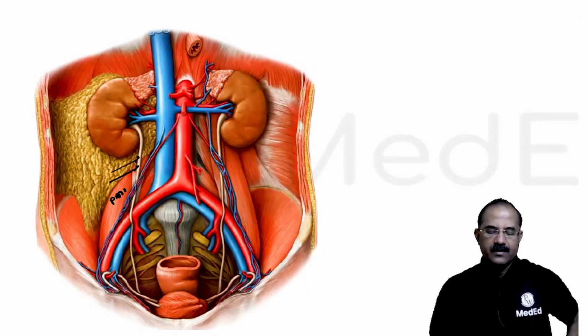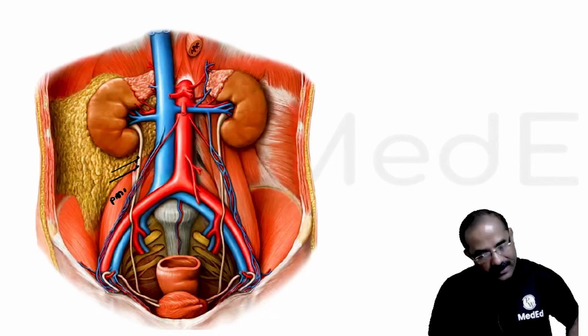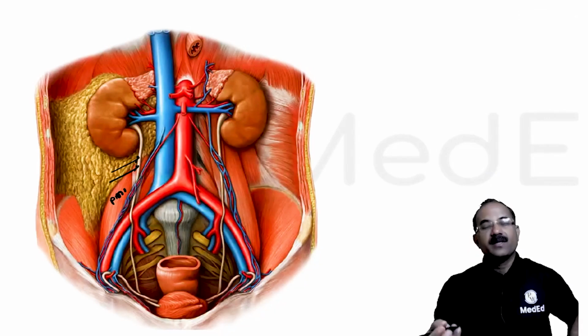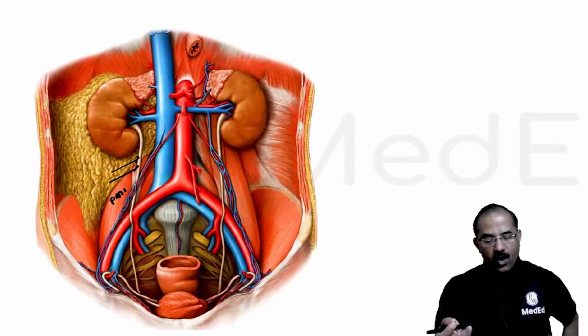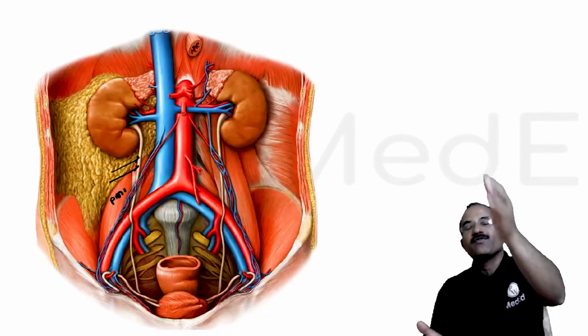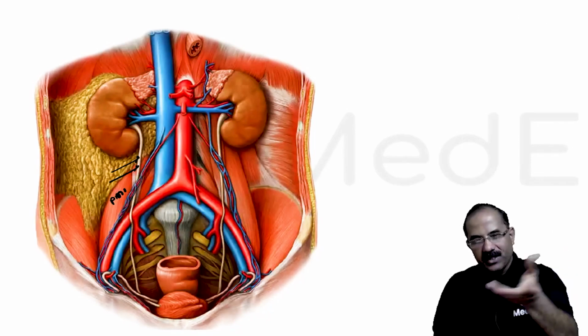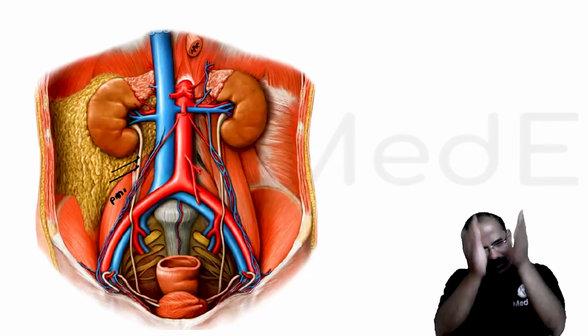That's the ureter. The genitofemoral nerve is related to the ureter posteriorly, or the ureter is lying on the genitofemoral nerve. Remember this. And the genitofemoral nerve is lying on the psoas major.